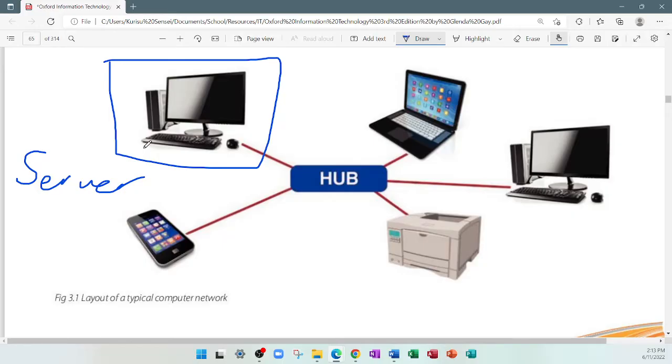Now this server, as the name implies, it's to serve. It's going to offer some services. So it could be a file server, it could be a media server, it could be a print server, and as the name implies, that is what it's serving. Serving files, serving printers, serving media, whether it's video, images, and so on.